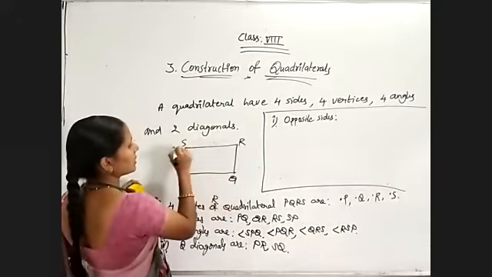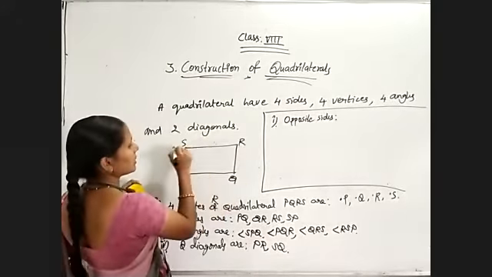And for the second pair: in total we have 4 line segments, so two line segments we treat as one pair. So we will get two pairs of opposite sides. The second is PS and QR, otherwise SP and QR. These two are opposite. PQ, RS are opposite, and SP, RQ are opposite.